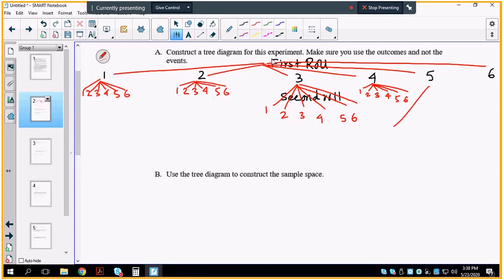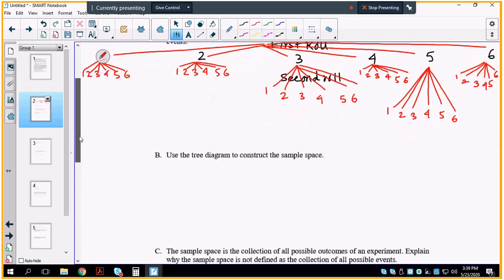For 5, 1, 2, 3, 4, 5, 6, and for 6 you get 1, 2, 3, 4, 5, 6. And that diagram is called a tree diagram. Use the tree diagram to construct the sample space.